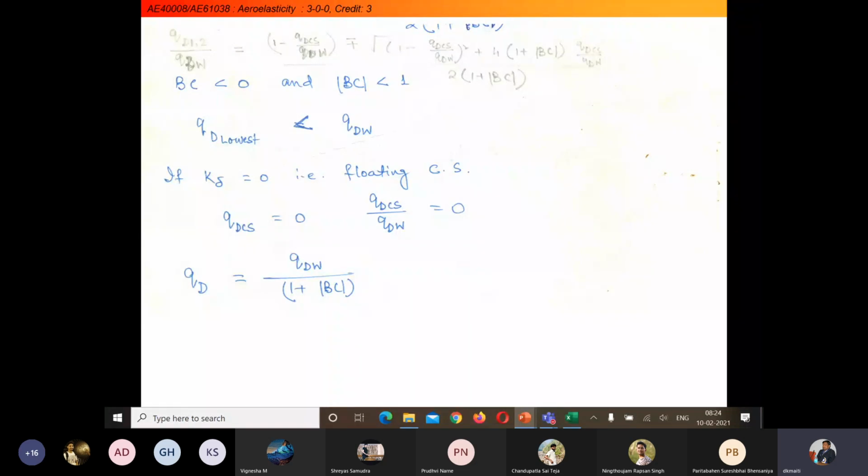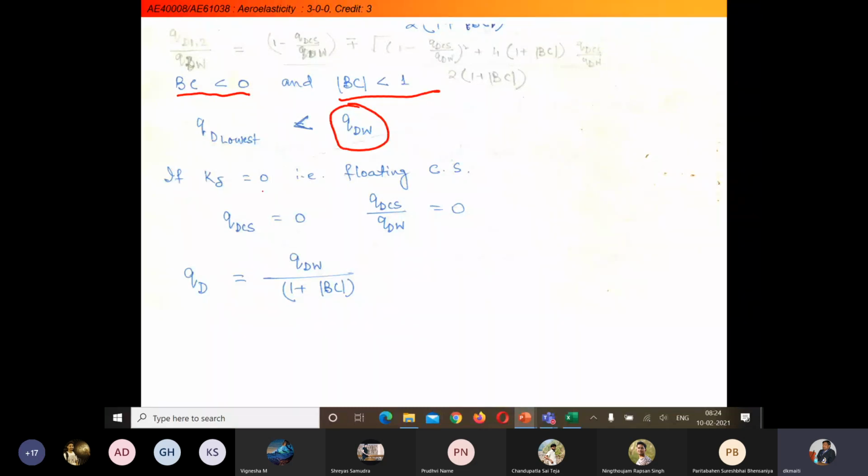And if K delta is equal to 0, that is a floating control surface, a hypothetical situation, then we can get QD control surface equal to 0 and QD control surface by QD wing equal to 0.